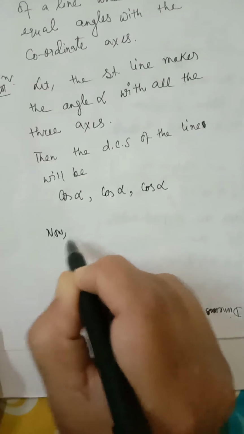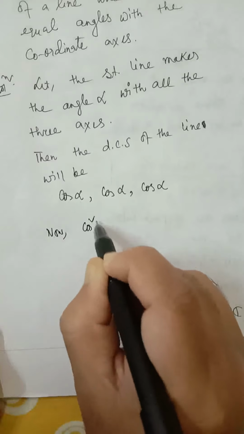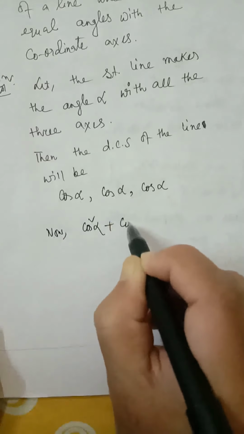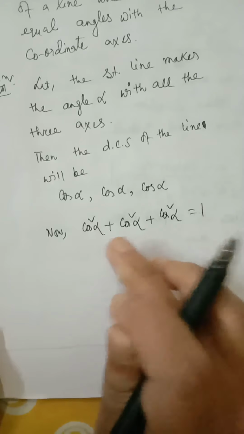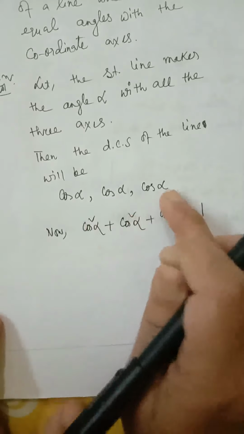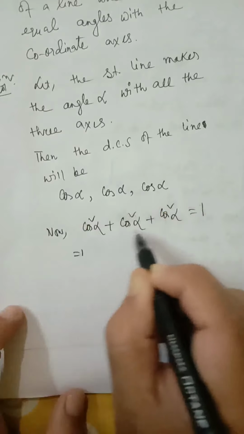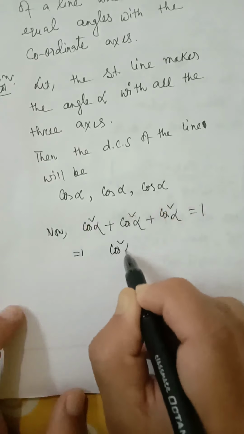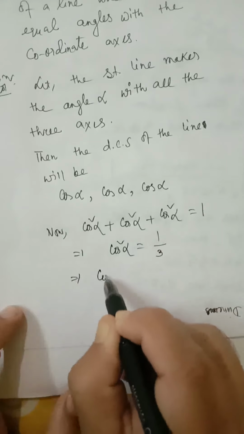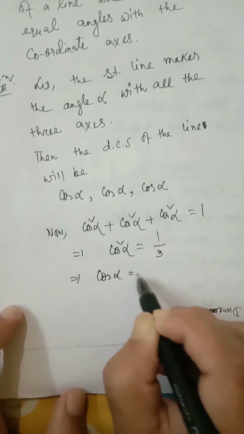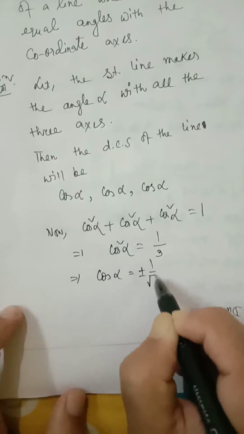We know cos square alpha plus cos square alpha plus cos square alpha is equal to 1. This is the relation between the direction cosines. So 3 cos square alpha is equal to 1, so cos square alpha is equal to 1 by 3 and cos alpha is equal to plus minus 1 by root 3.